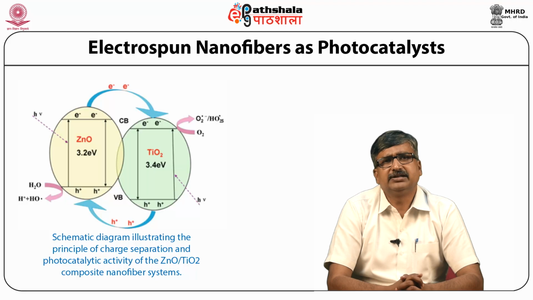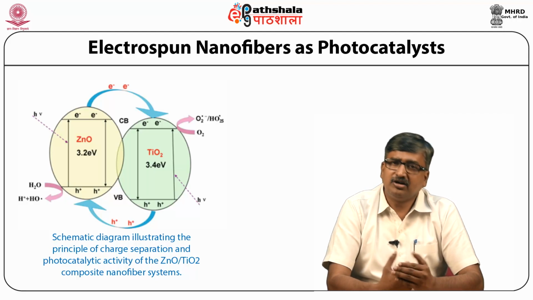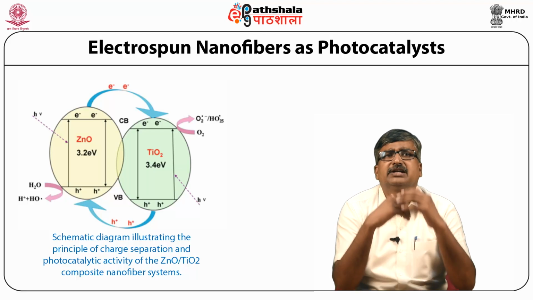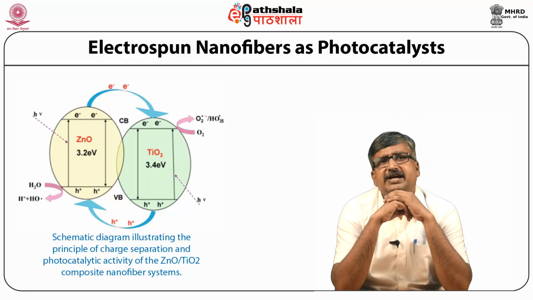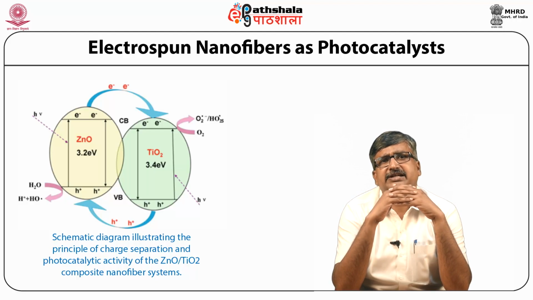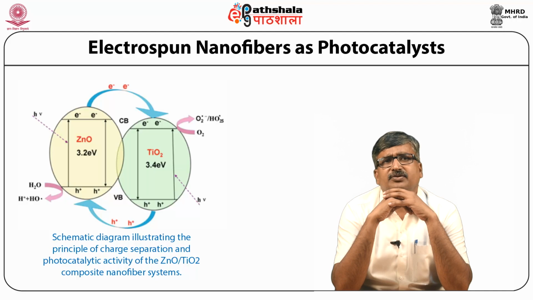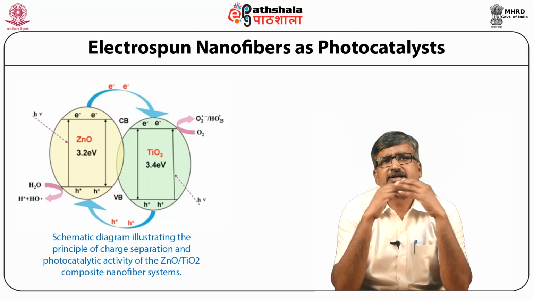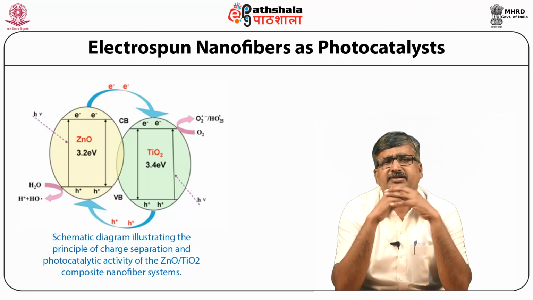Loading noble metal like gold, platinum or silver on the surface of a semiconductor can also improve the photocatalytic activity, which can reduce the recombination of the photo-generated electron-hole pair and lengthen the photo-generated electron-hole pair lifetime through conduction band electron trapping.